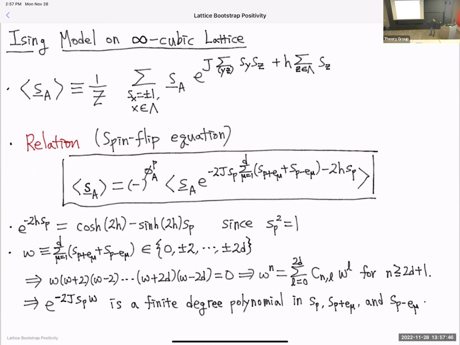So for example, let's look at this magnetic field term. We have e to the minus 2h times sp. As you Taylor expand, it's gonna truncate at the linear term in sp, because it squares to 1. Okay. And nearest neighbor interaction term is a bit more complicated, but after some exercise, you can make sure that this expansion is again going to terminate at some finite degree in terms of the spin variables.